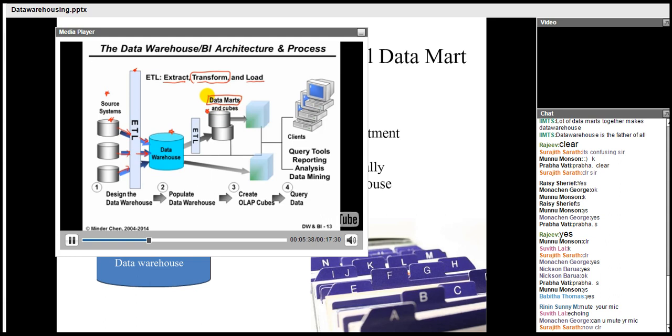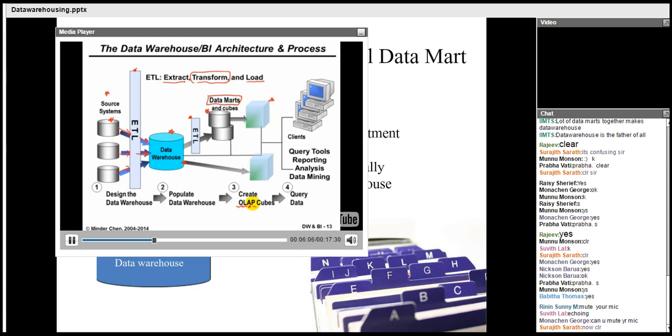So think about data mart as just like a subset of our data warehouse. And we still use kind of an ETL tool, extract, transform, and loading tool to create this data mart. And from the data mart or from the data warehouse, we can create something called cube, data cube, or OLAP cube, online analytical processing cube.